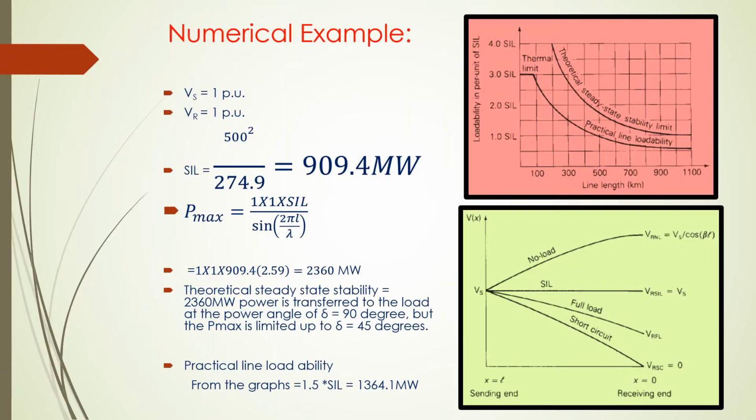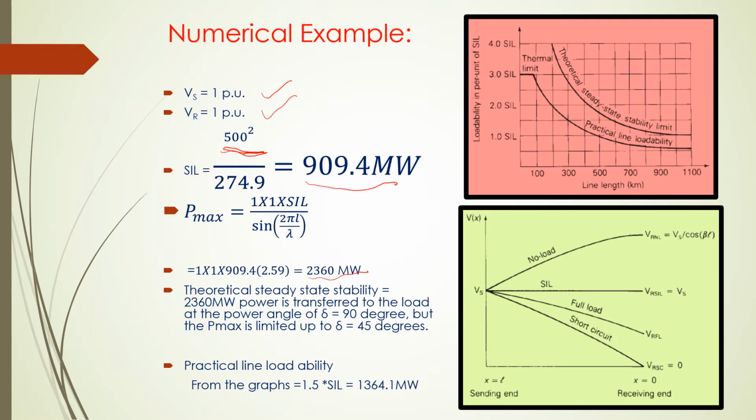Before we verify the problem using the PowerWorld simulator, let me take a numerical example. Here I am taking Vs and Vr both equal to 1 per unit at the rated voltage of 500 kilovolt. Using the above formulas, we can find these two values, SIL and Pmax.